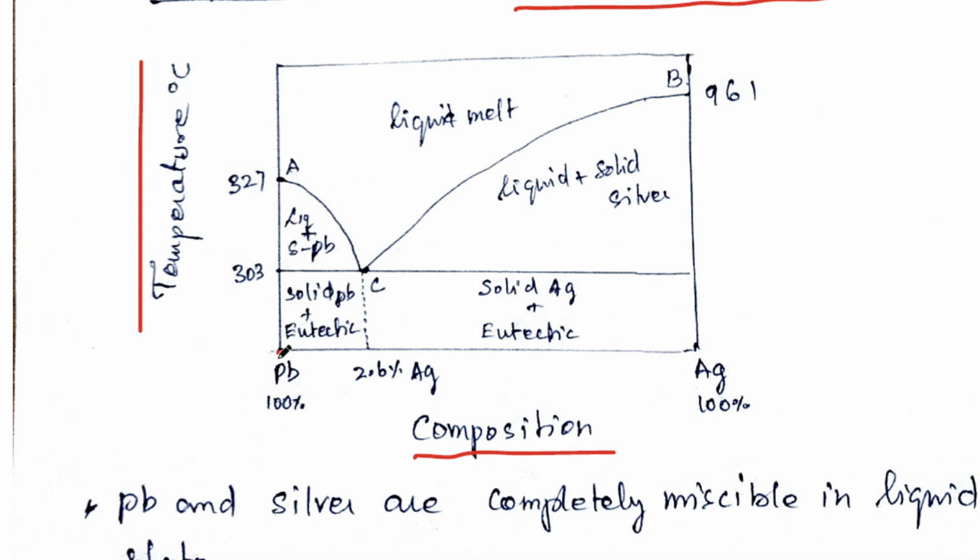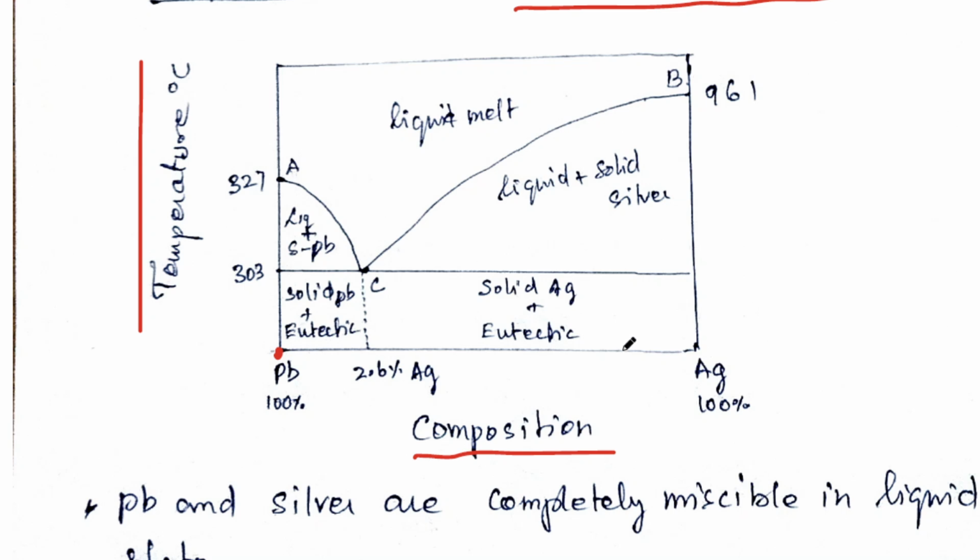And this is the point. Let us consider the point here on the x-axis where lead is 100%, and in this area the lead is 100%. If you take this area, maybe silver is added, lead and silver, where lead will be more and silver is less.